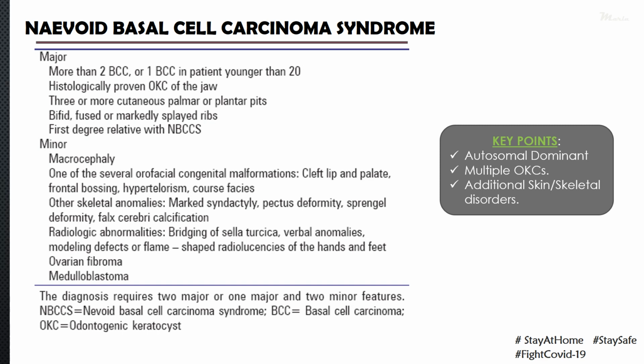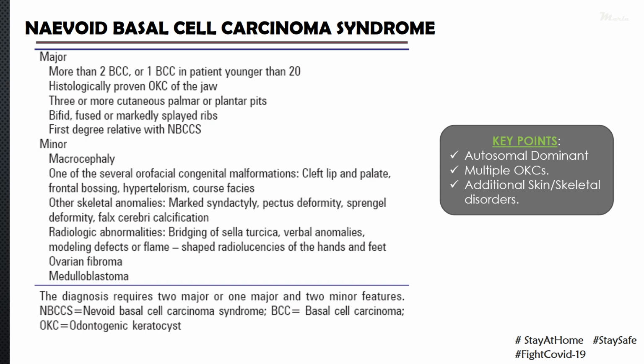The most significant feature is the presence of multiple odontogenic keratocysts. In addition, we may find more than two basal cell carcinomas, or one basal cell carcinoma in a patient younger than 20 years of age. The multiple odontogenic keratocysts have been proven on the basis of histopathological evaluation.